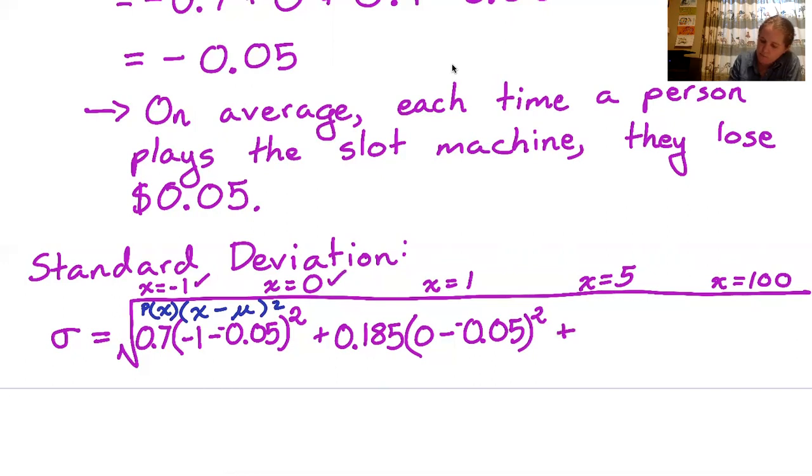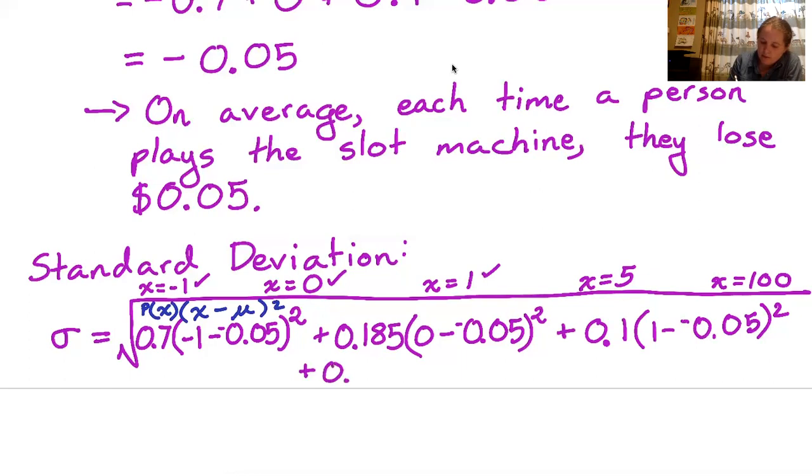Here, x equals 1 had a probability of 0.1. Then we have 1 minus our mean of -0.05. Square that. Still inside our square root, we will now look at x equals 5.